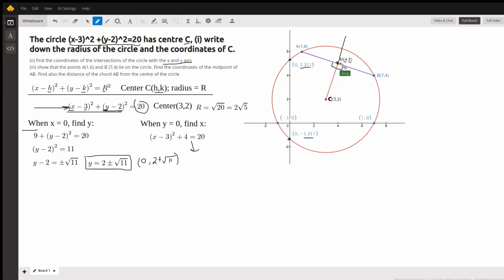And so to find the distance from M to C, just use the distance formula. So this distance is the square root of the change in x squared. 4 minus 3 is 1. 1 squared is 1. Plus the change in y is 3. Squared is 9. So it's the square root of 10.